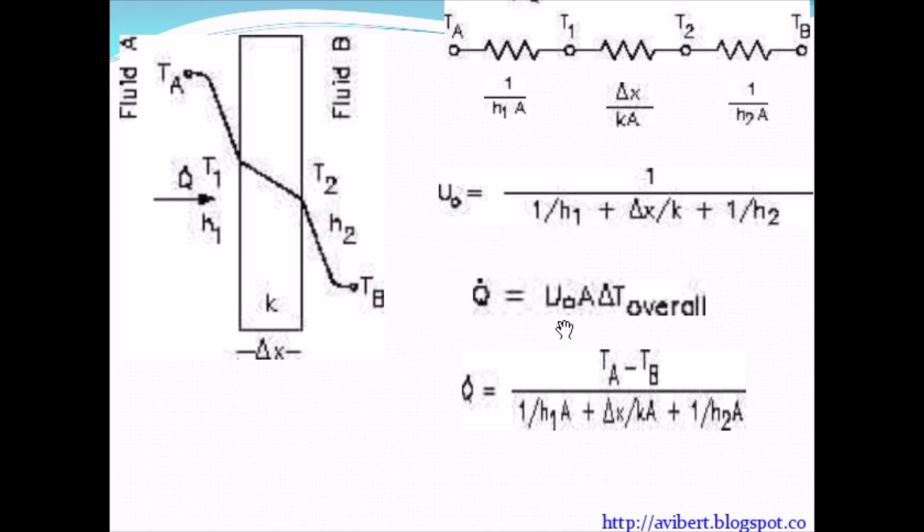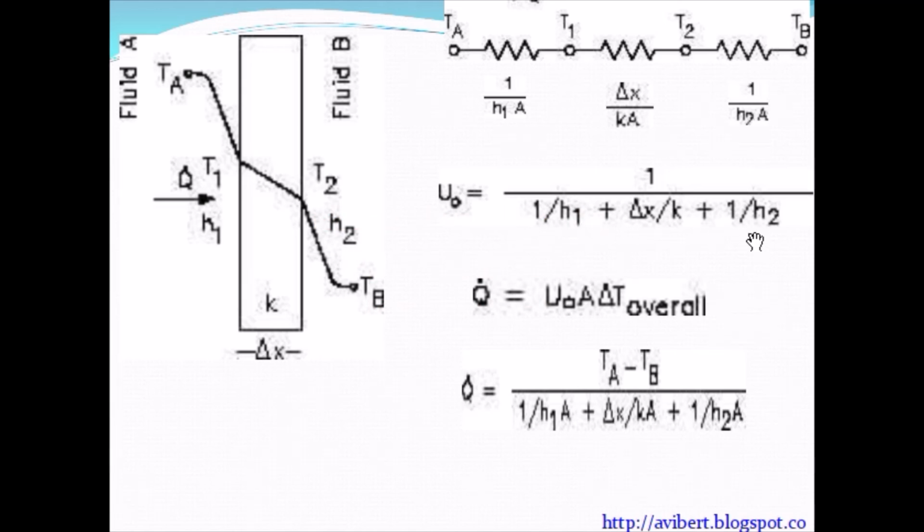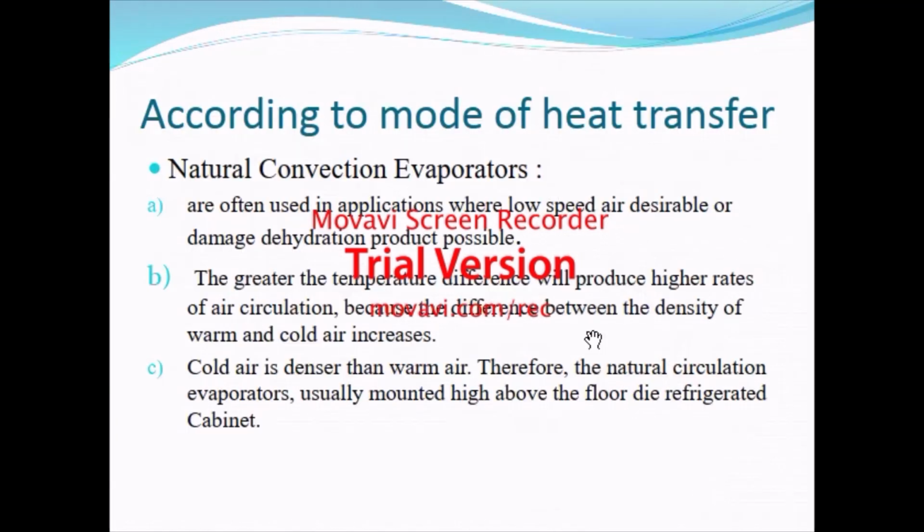So the formula is the thermal coefficient U times A times the overall delta T. Here we put in delta T and the area. We can see the area here already, though here we don't have the area, so we just put it in. So now we can calculate the thermal flow rate.